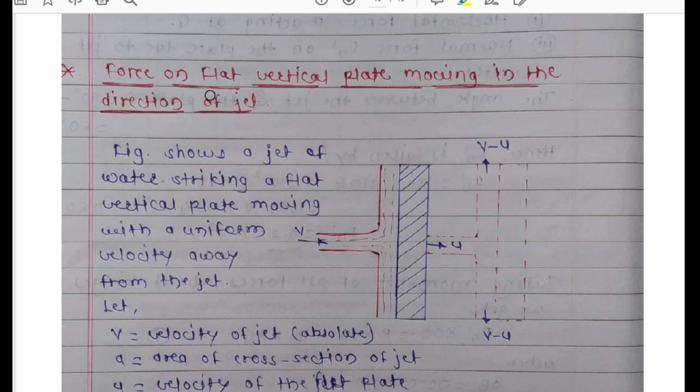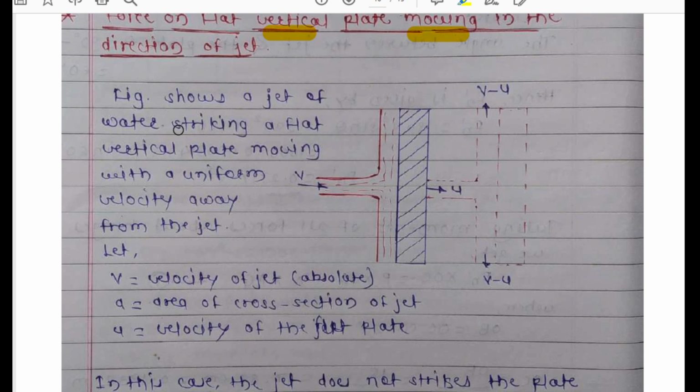The force exerted by a flat vertical plate moving in the direction of the jet. Now as this plate is moving and vertical, we have to find the force exerted by the jet on the plate which is moving and vertical, not an inclined one.